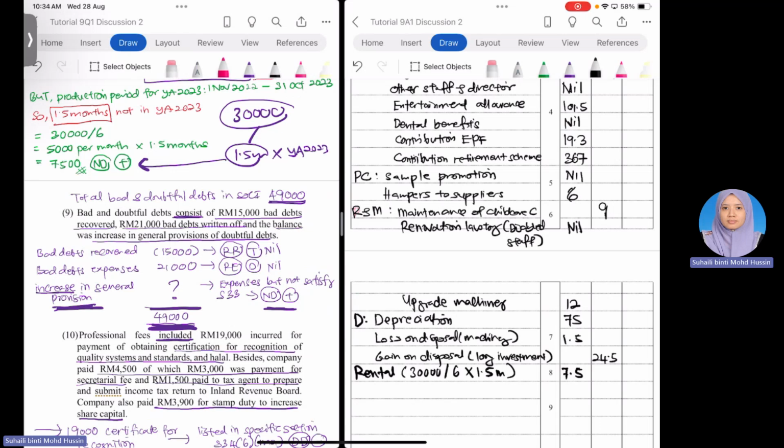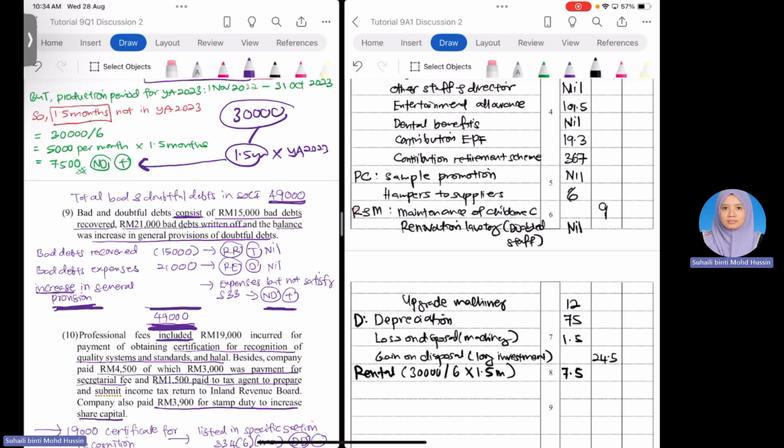Anyone can get it for me? How much is the amount of increase in general provision? Increase in general provision, expenses or revenue? When you learn, increase in general provision is expenses, right? And if decrease in general provision, so it should be revenue. This one you have to apply back what you learned in BA1, BA2, or FAF1 or FAF2.